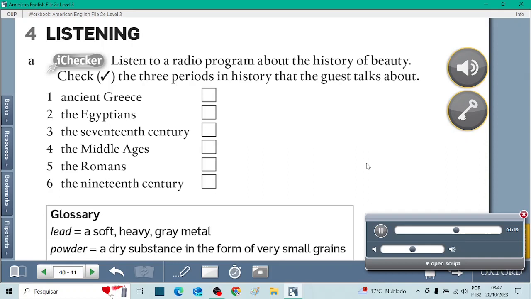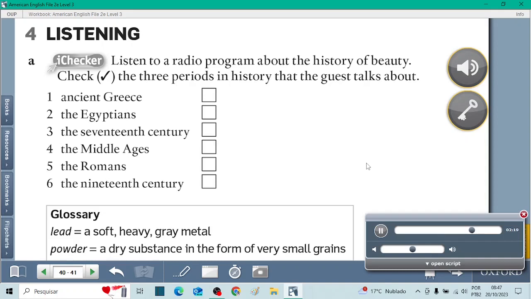You mean lead? The lead that used to be in the pipes carrying the water in our houses? That's right. But lead is poisonous. Yes, it is. And the ancient Greeks knew lead was poisonous. But it was so important for them to be beautiful that they used it on their face, and of course, it made them sick. I can't believe they used lead on their faces. Anyway, who's next on the list?